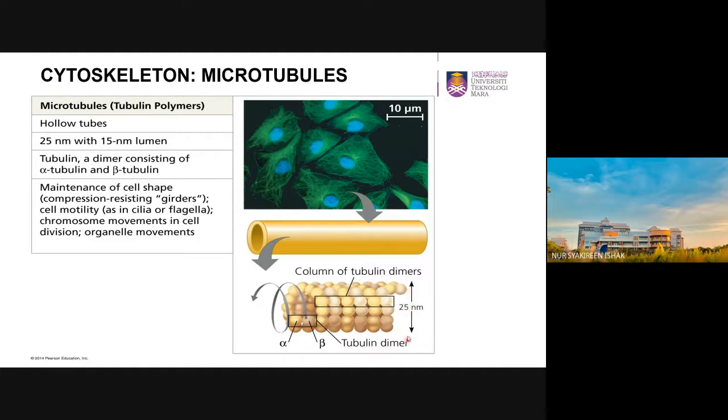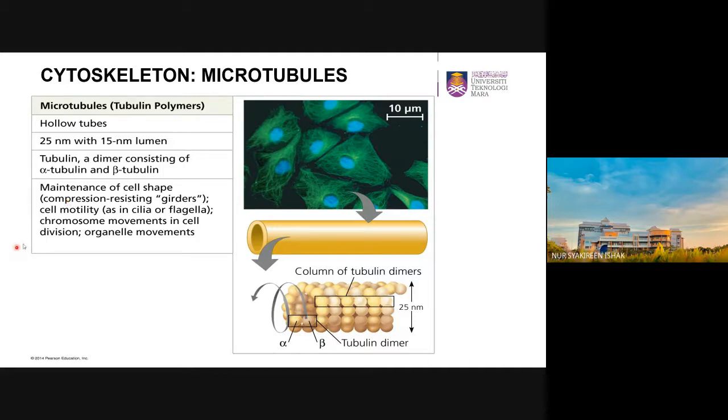So far the questions have never asked what is the diameter of the microtubule. What they like to ask is the function of this cytoskeleton, which you can write all this. So maintenance of cell shape, compression resisting girders, involved in cell motility, movement of vesicle from one region to another region using the microtubules as the track for the vesicle to move.